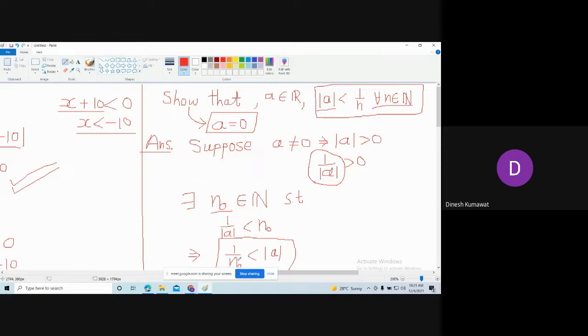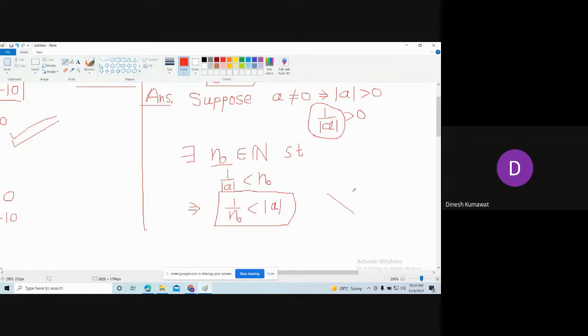Is it possible? No, sir. No. So this is the contradiction. Okay, and this is my symbol for contradiction.